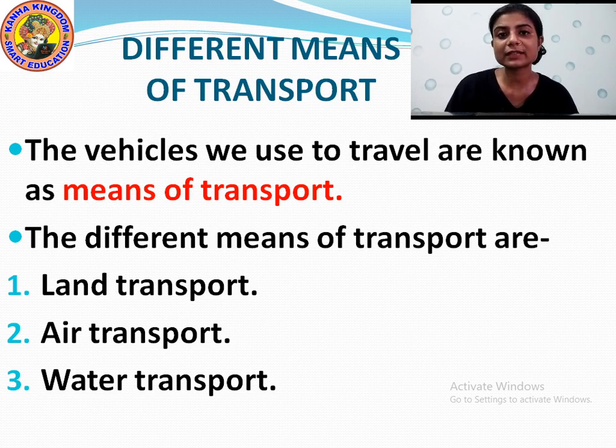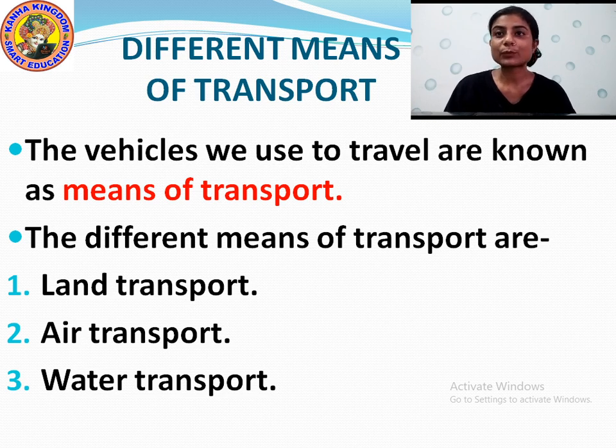There are three different means of transport. Those are land transport, air transport and water transport. What are the three means of transport? Those are land transport, air transport and water transport. Understood?